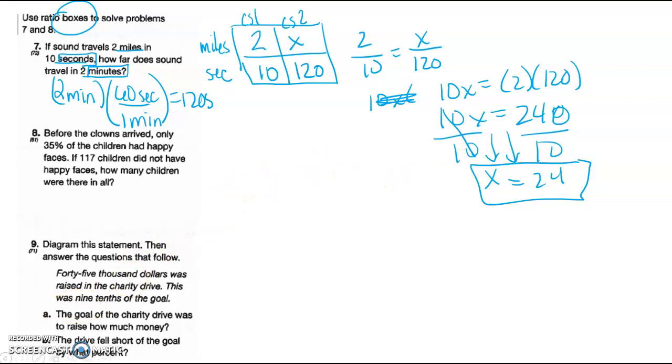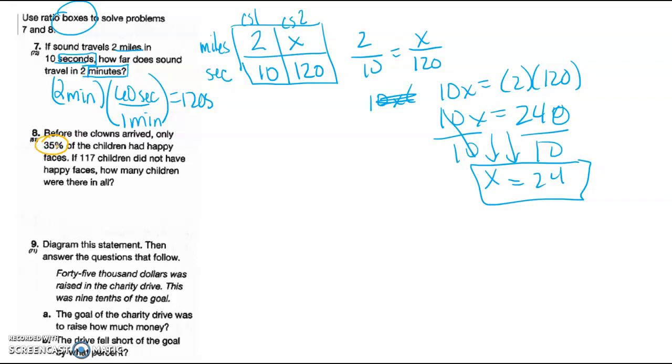Okay, let's change our color. Sorry, I'm having trouble changing the color of the ink. There we go. All right, before the clowns arrived, only 35% of the children had happy faces.